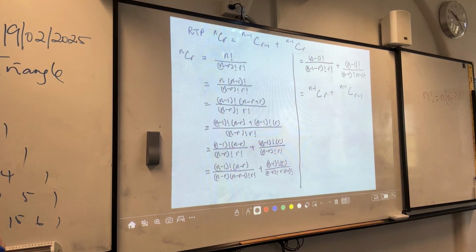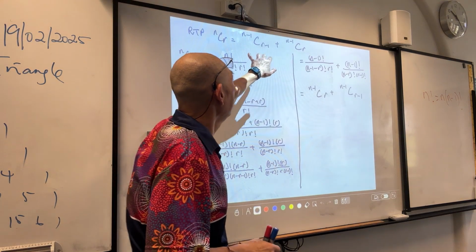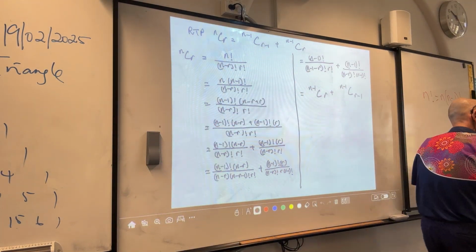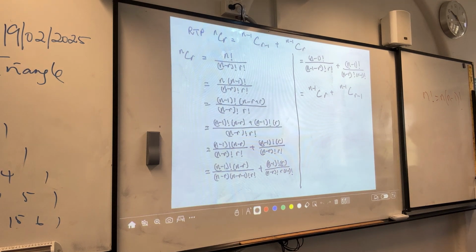This is how I prove it. There are other ways of proving it. I've seen people proving it by expanding this. That's fine as well. That's not an issue. It's what you're used to. Alright? I've got my way of doing it, but there's lots of ways. Again, I must stress, problem solving. I'm not here to teach you the exact technique of doing everything, but it's teaching you how to problem solve.